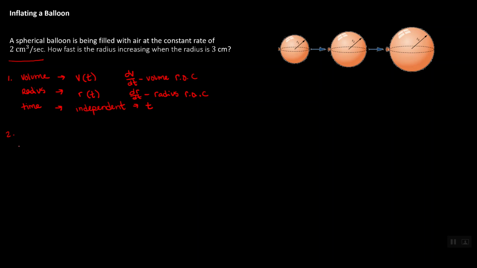Step 2, we're going to state in terms of these variables the information that is given. So we know that the volume is changing. We're filling the balloon with air at a rate of 2 cubic centimeters per second. So the amount of volume change, that dV/dt, is 2 cubic centimeters per second.